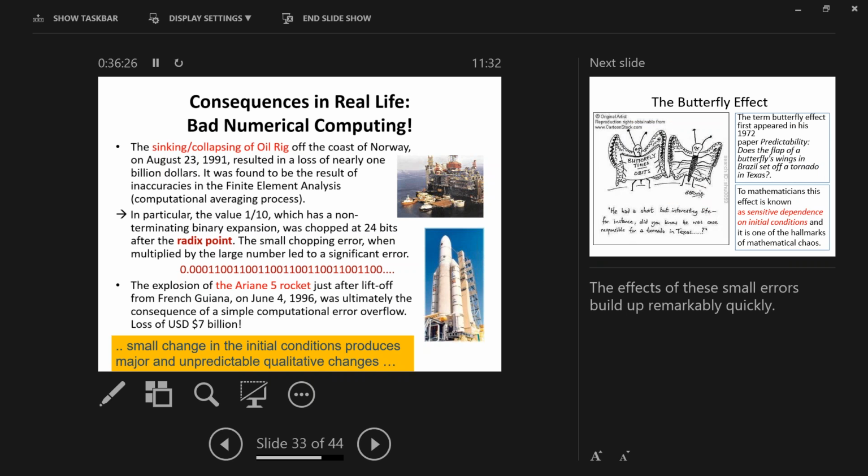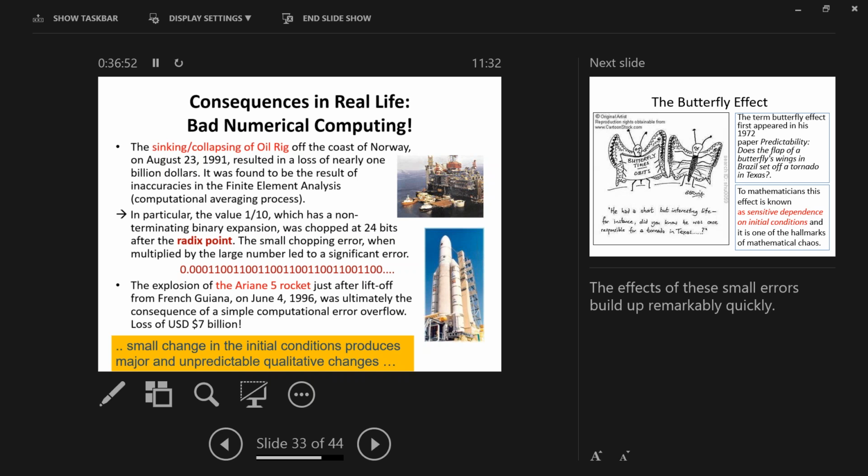and the consequences of the rounding off of the errors, the propagation of these errors through the system, and you don't have to go too far in history. 1991, the sinking, the collapse of the oil rig off the coast of Norway. It was found that this was a result of inaccuracies in the finite element analysis, which is a computational averaging process. It's a mathematical technique.